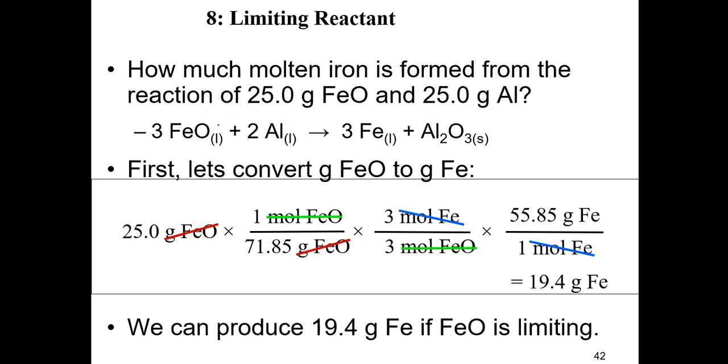So for example, we are arbitrarily choosing that we're going to find the maximum theoretical product for iron. So iron oxide and aluminum are both going to find it for iron.